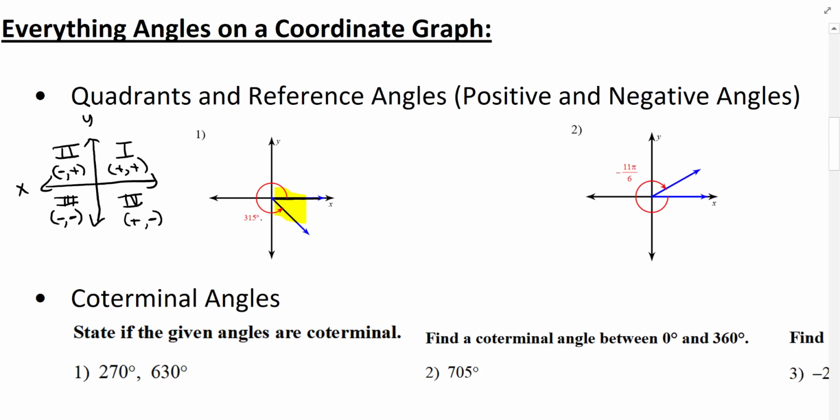So even though right here this diagram says, hey, by the way, we're talking about this 315-degree angle right here, the reference angle is the difference between, if you went the whole 360 and 315, this right here would be a 45-degree reference angle.